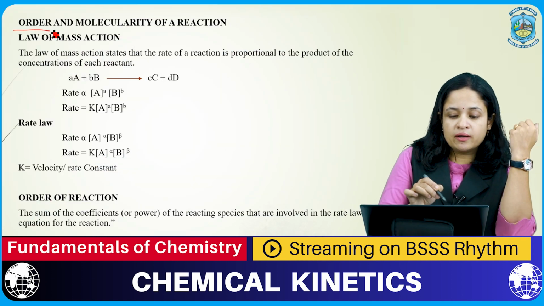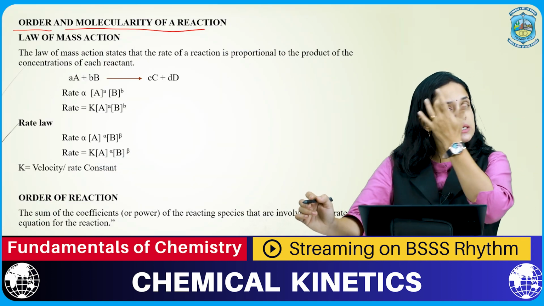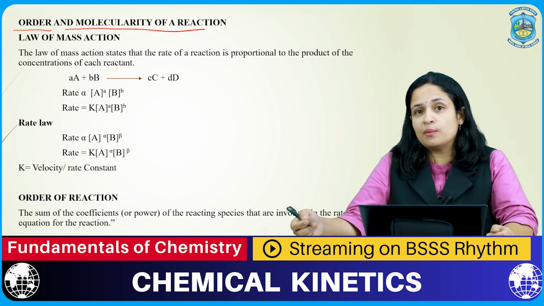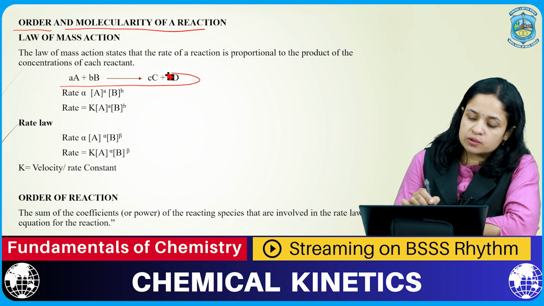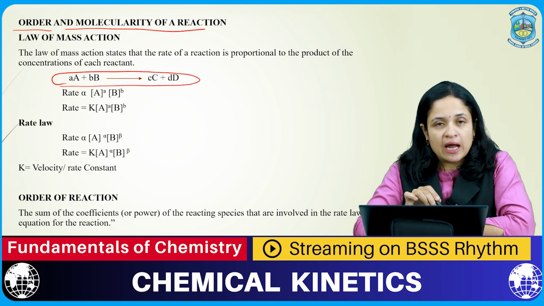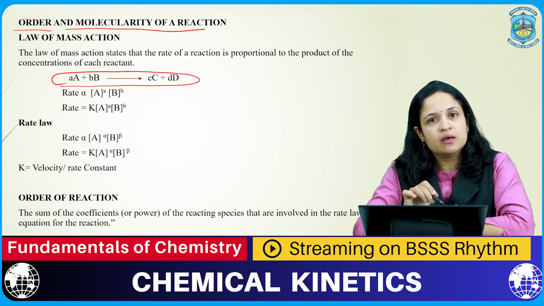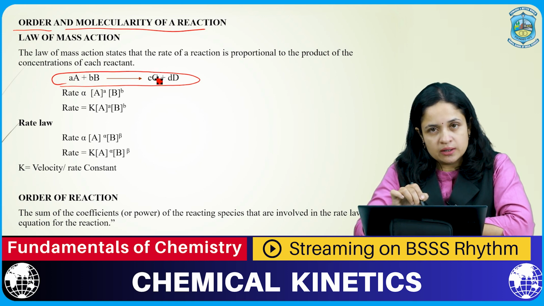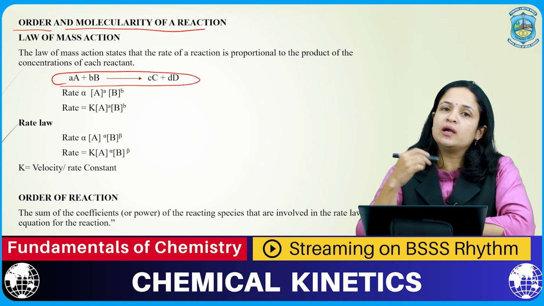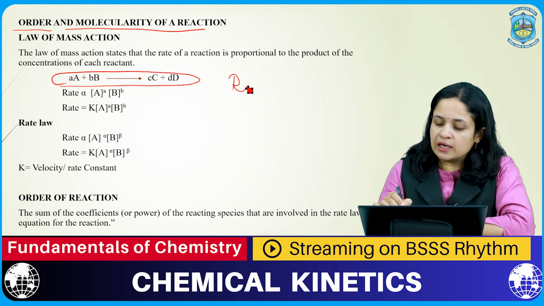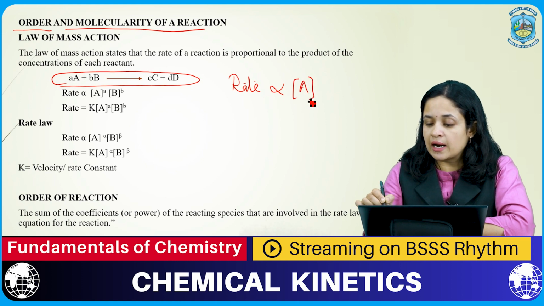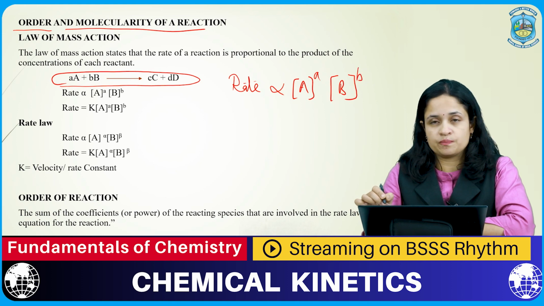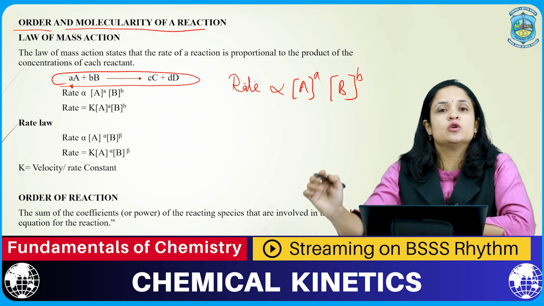Now, order and molecularity. These are some more important terms when we talk about the rate of any reaction. Suppose I have this reaction: a moles of reactant A and b moles of reactant B react to give c moles of product C and d moles of product D. It was proposed that the rate of any reaction is directly proportional to the concentration of reactants raised to the power of their molar coefficients, or stoichiometry.